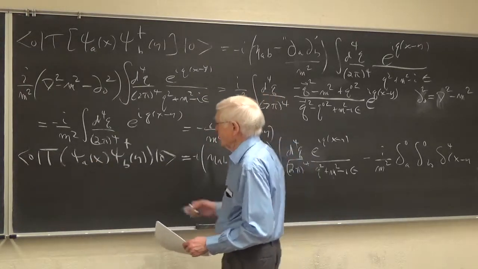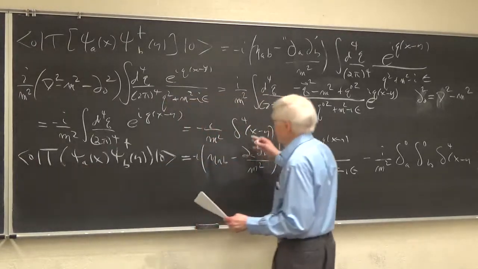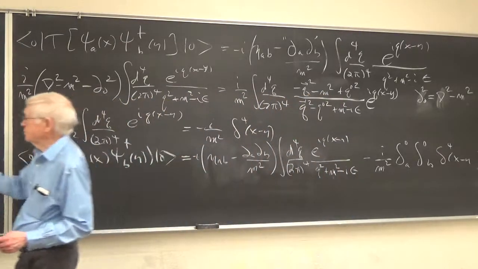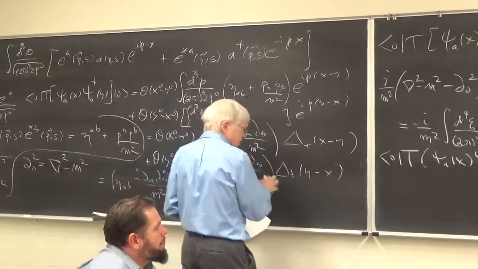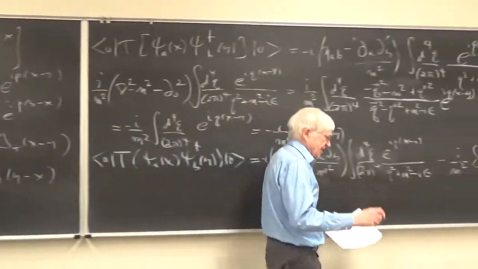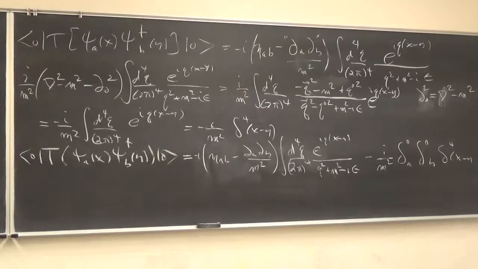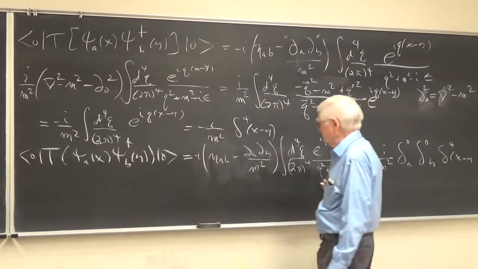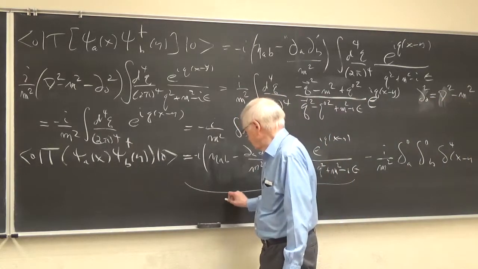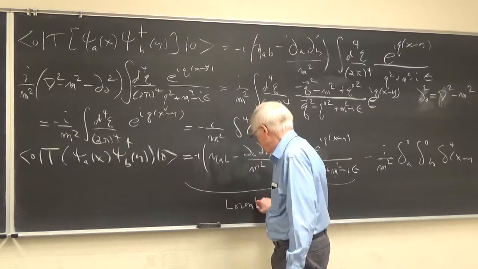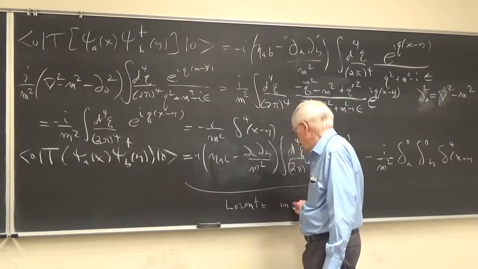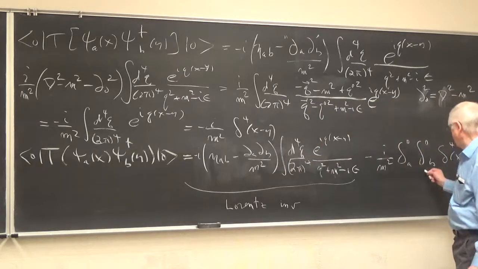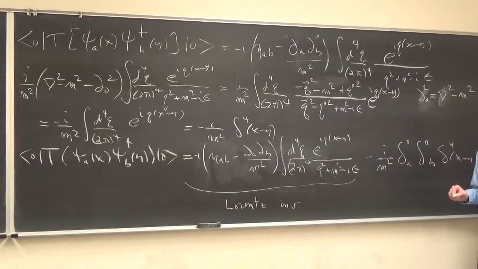It's only when both of them are time components that we have to deal with two time derivatives, which we then have to interpret as grad squared minus m squared. Okay, so this is the actual expression, and what that means is we have something that is manifestly Lorentz invariant, and then we have something that is awkward. It's not Lorentz invariant, an embarrassment.